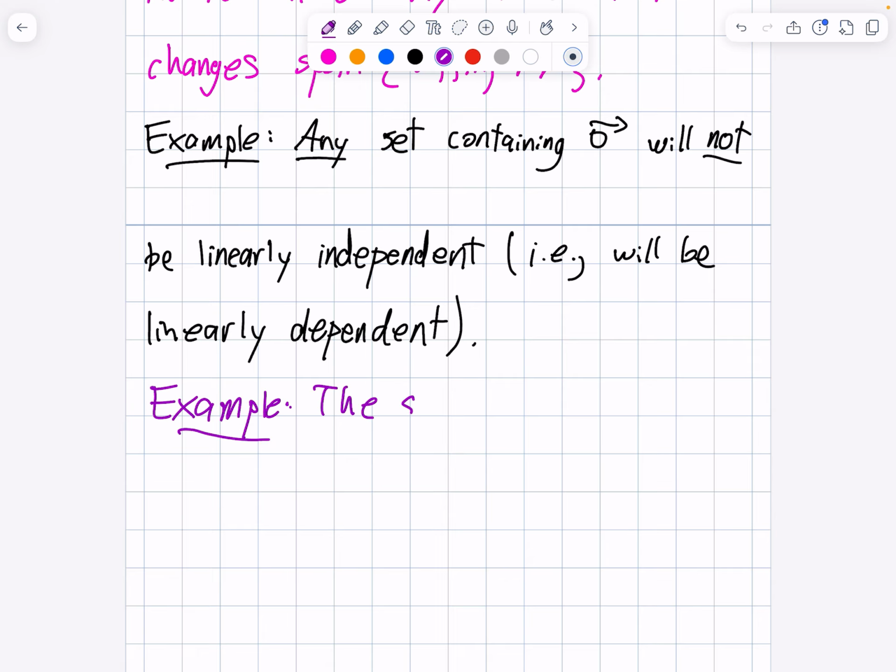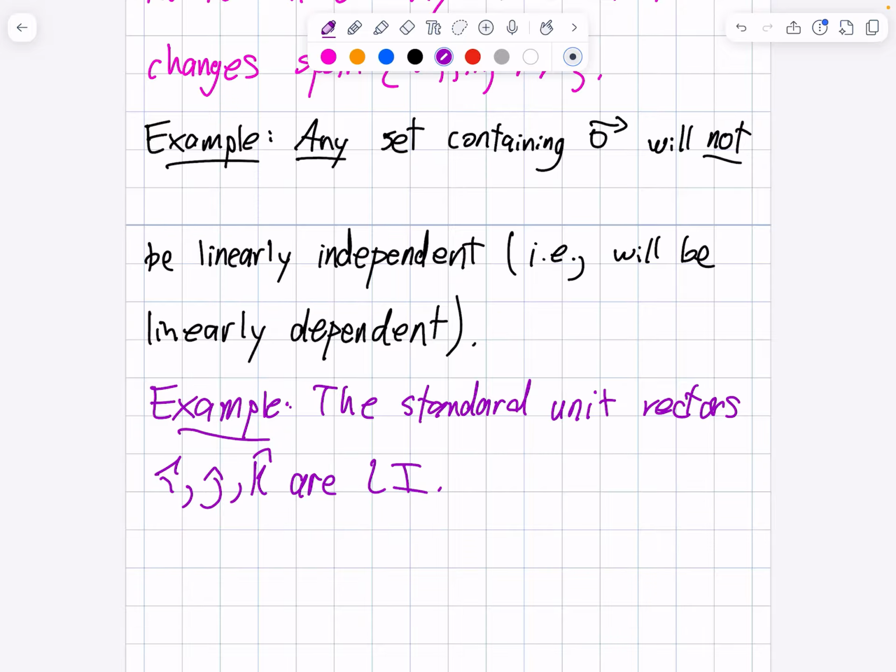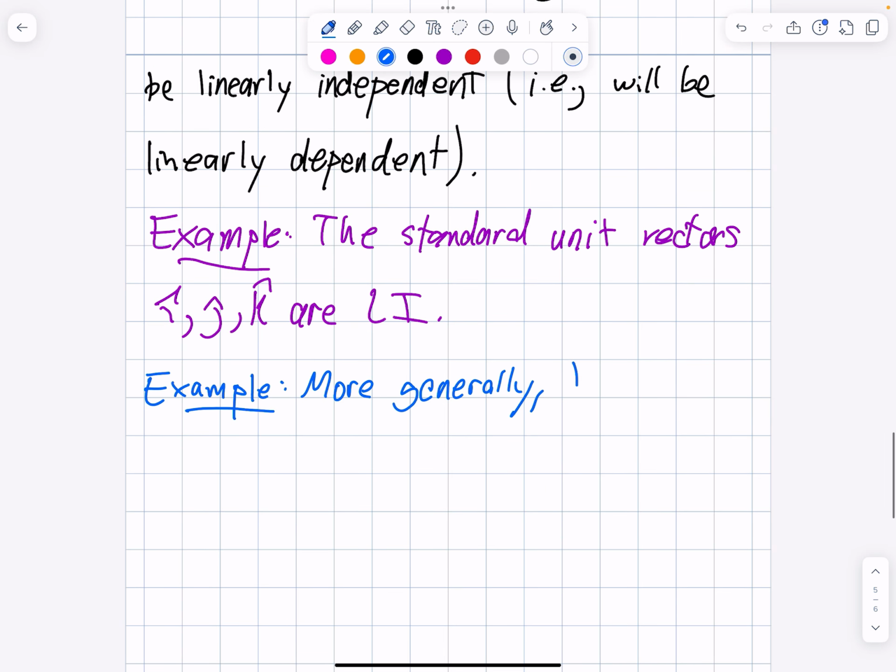Here's another important example. The standard unit vectors i hat, j hat, k hat are linearly dependent or independent? Okay, and we can generalize this to the following example. More generally, the standard unit vectors in R^n, right?